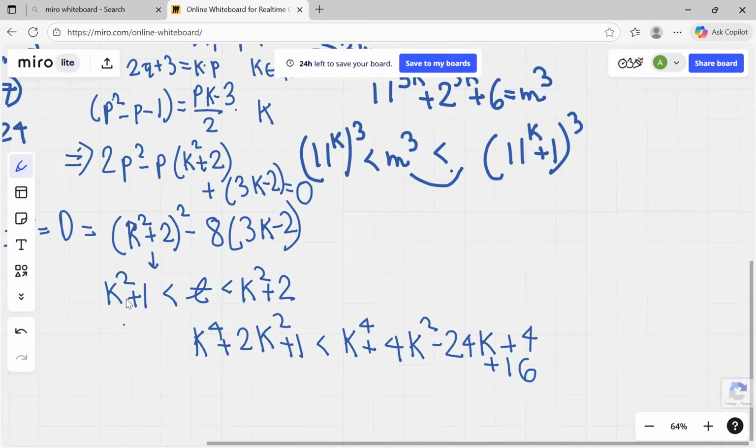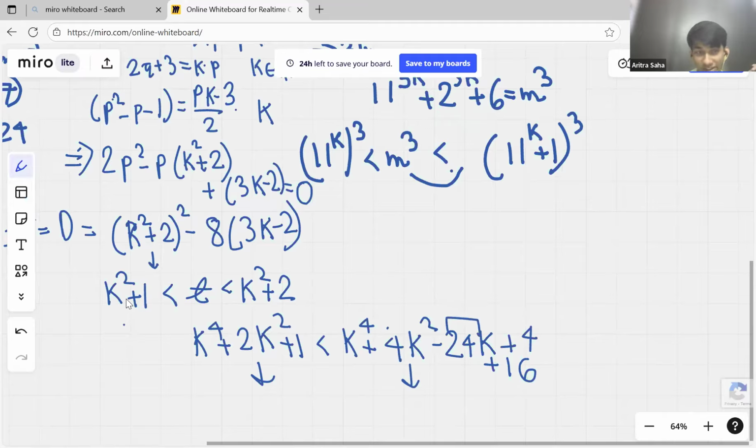And this is k squared, and this is 2k squared. So if you make k large enough, even if this is 24k, it won't affect much because the coefficient of the higher degree term is more. So you should be able to do size contradiction.